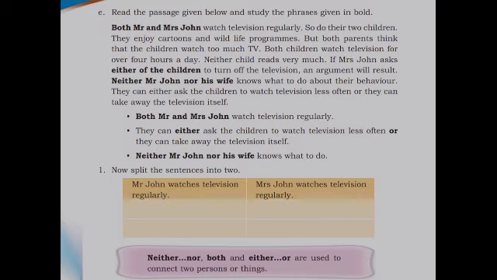Neither Mr. John nor his wife. Here in this sentence, Mr. John is singular and his wife is also a singular noun. So here the second noun, that is his wife. Wife is a singular noun, so verb plus s or es, knows. Let me give you another example.